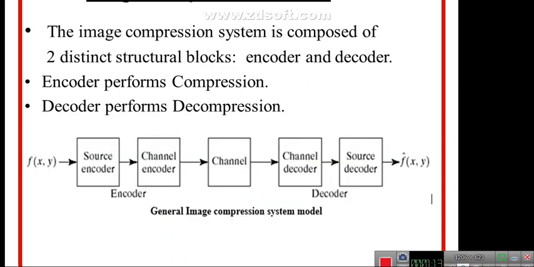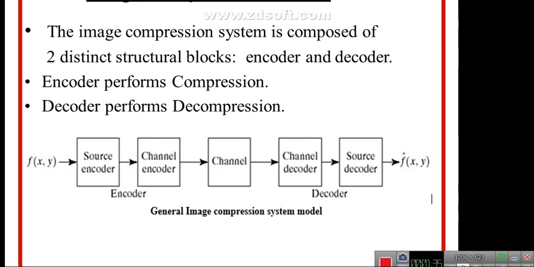This is the basic block of the image compression model. The image compression system is composed of two distinct structural blocks: one is the encoder and another one is the decoder. The encoder performs the compression process and the decoder performs the decompression process. The encoder consists of a source encoder and a channel encoder.